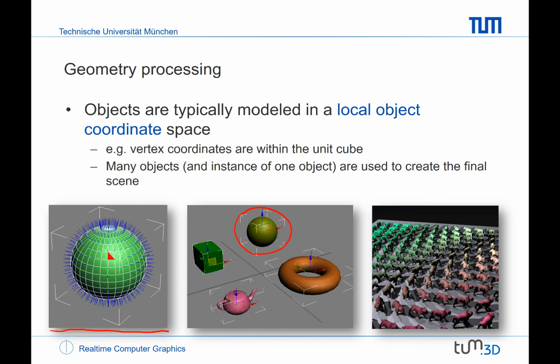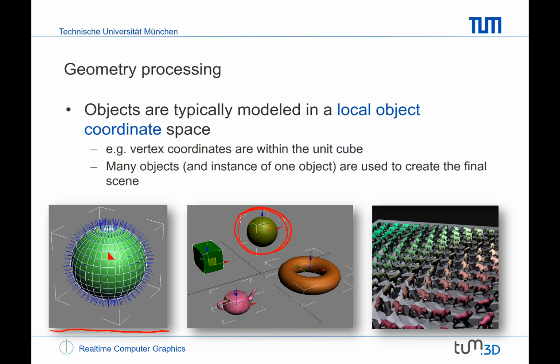For instance, the sphere you have modeled should be moved to some position here, and maybe you want to make it a little smaller or a little larger, meaning that you have to transform from the local object coordinates into the global world space coordinate system.